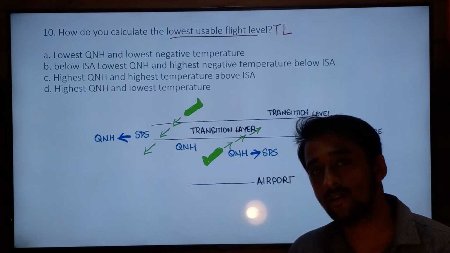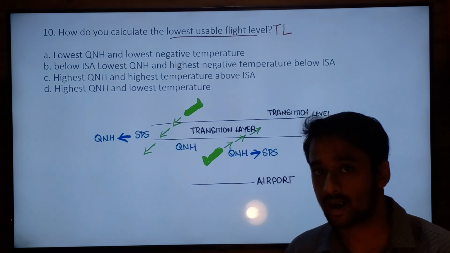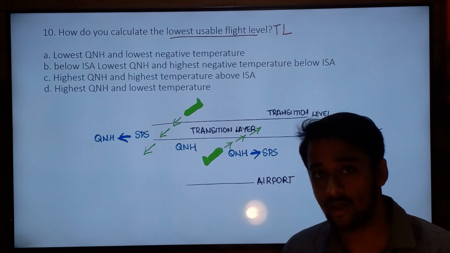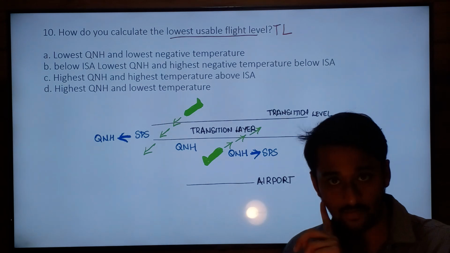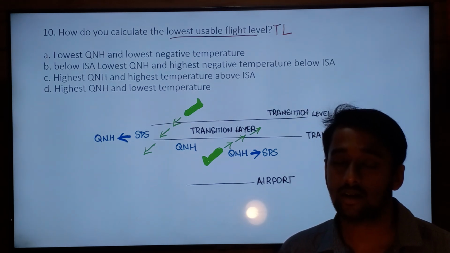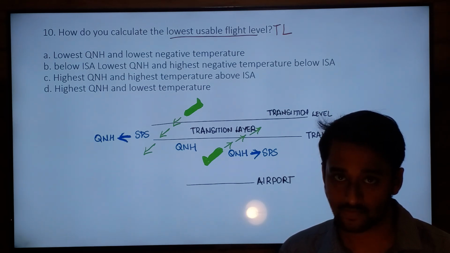Now the lowest usable flight level, which is a transition level, is decided by the authorities depending on two factors. These are colder than ISA conditions and lower than standard atmospheric pressure.